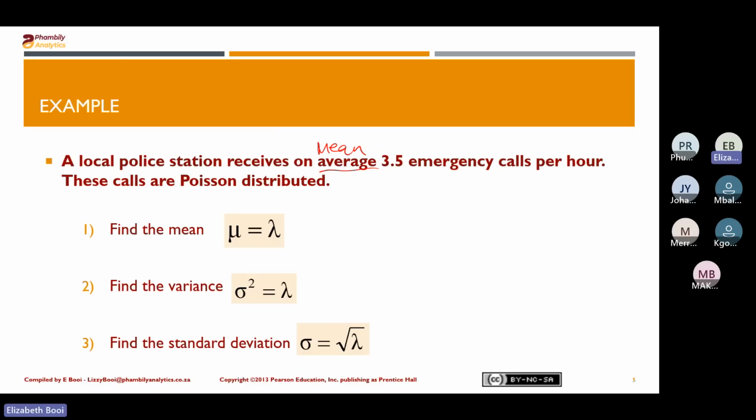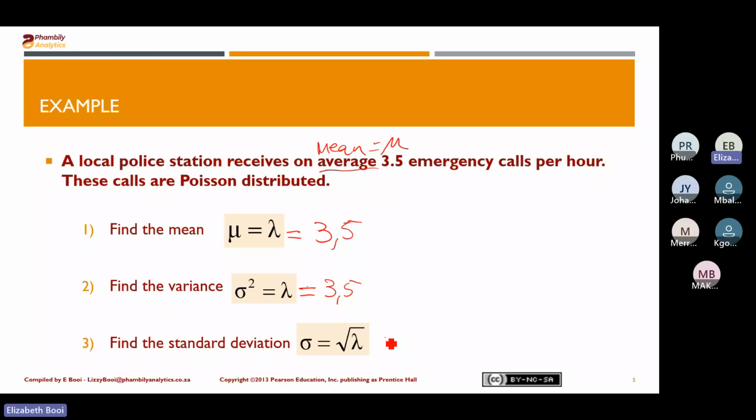So the mean is equal to the number of events, and our mean in this instance will be equal to 3.5, which is the number they have given us. Find the variance. Our variance will be 3.5.